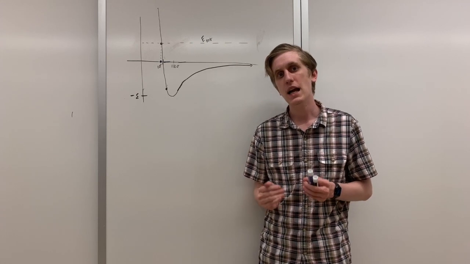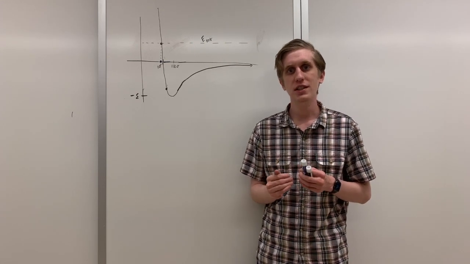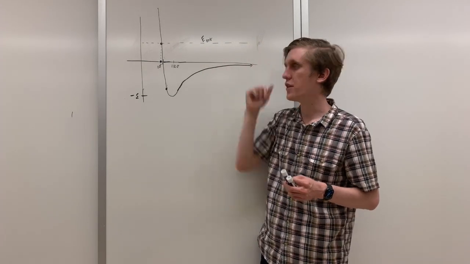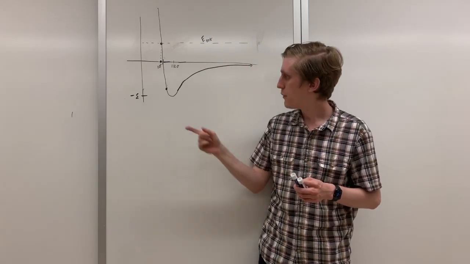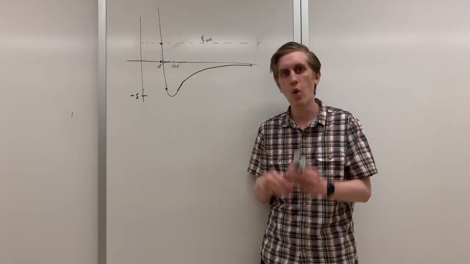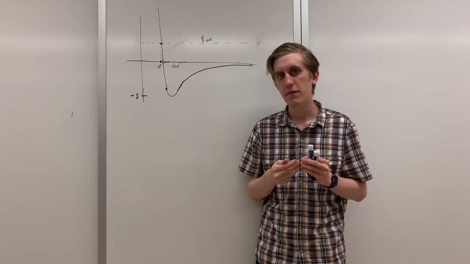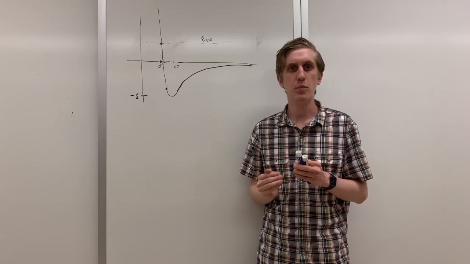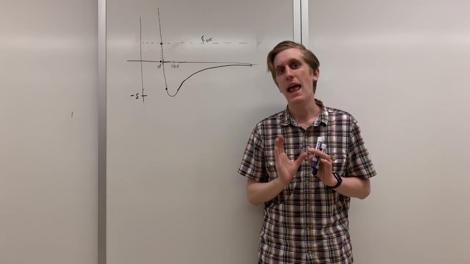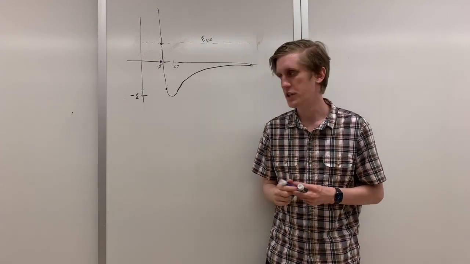The kinetic energy plus the potential energy just has to equal the total energy. Since we know what the total energy is at every point, and we know what the potential energy is at every point, we just have to draw a kinetic energy graph such that when we add it to the potential energy, it gives us this line. I'm going to draw it, and then we'll discuss some of its important features.